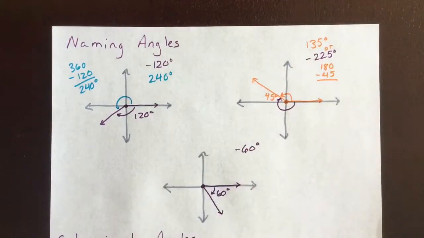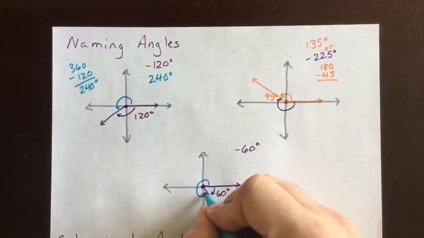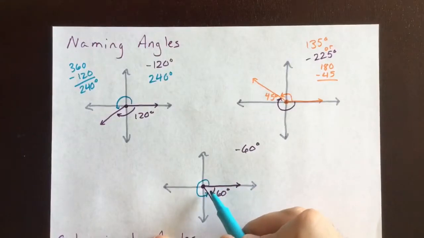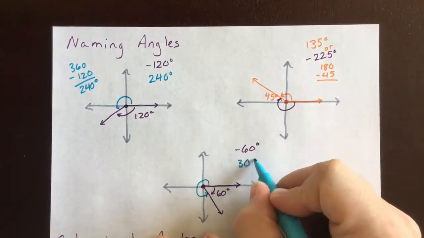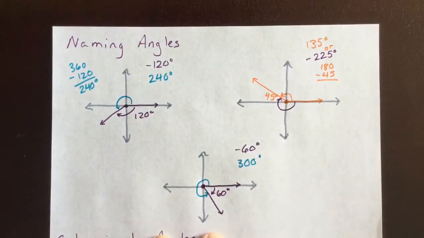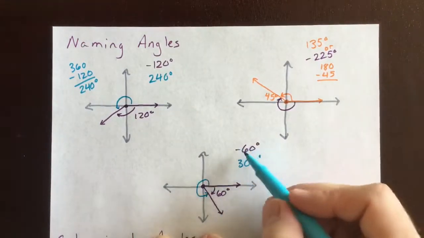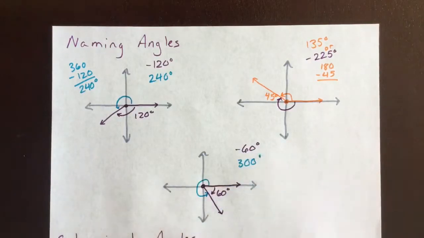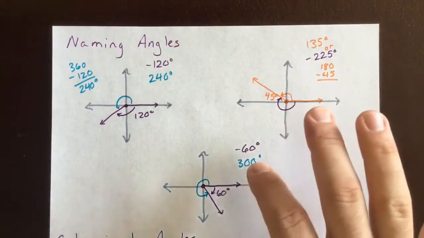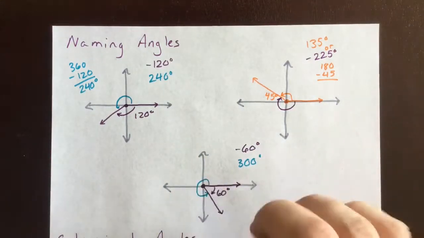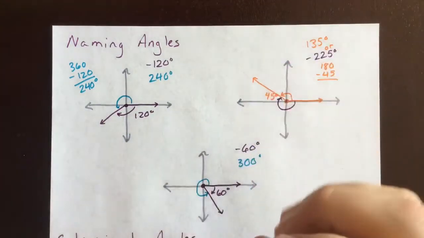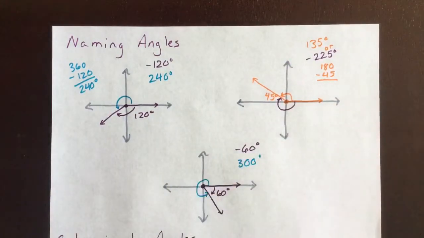Or in the other sense, with a positive measure, we would say that this would be 360 take away the 60, or just 300 degrees. So positive measure, negative measure to represent one angle. So this idea that we're able to have a positive and negative angle measure to represent one angle, or even just multiple measures for one angle, there's a term for that.